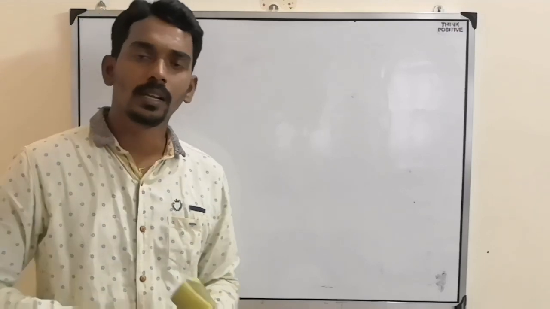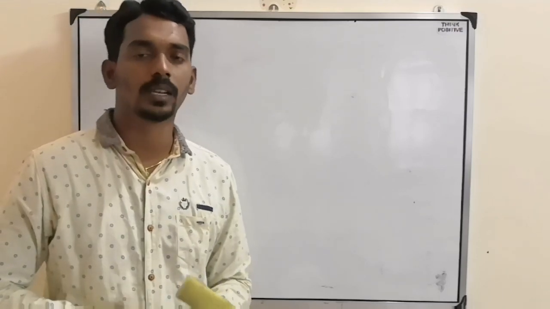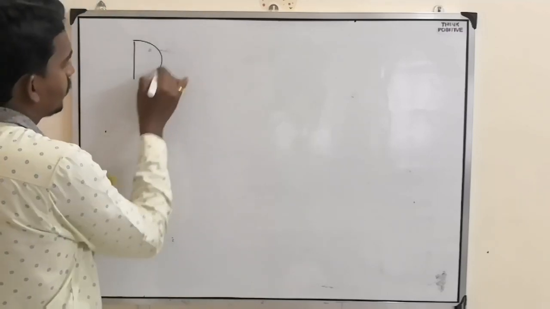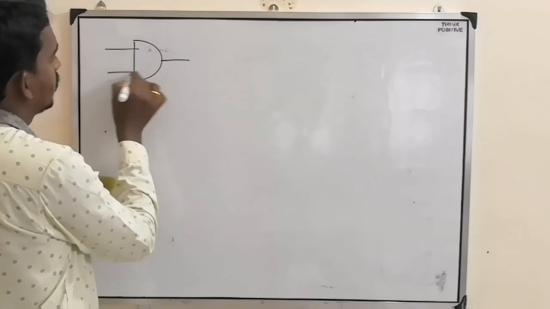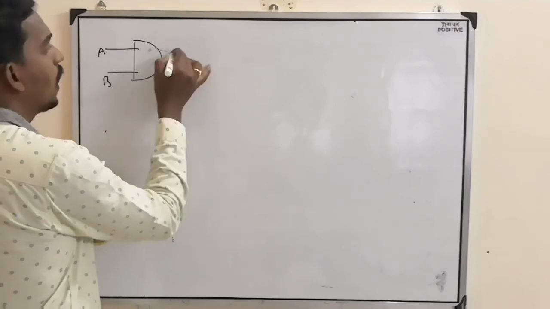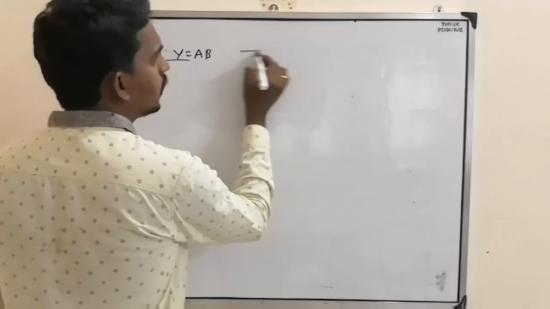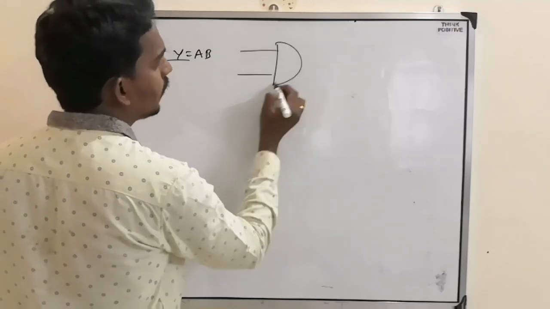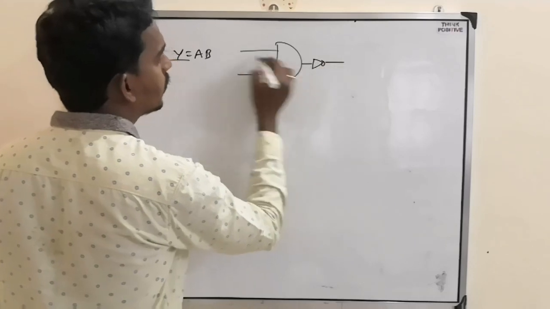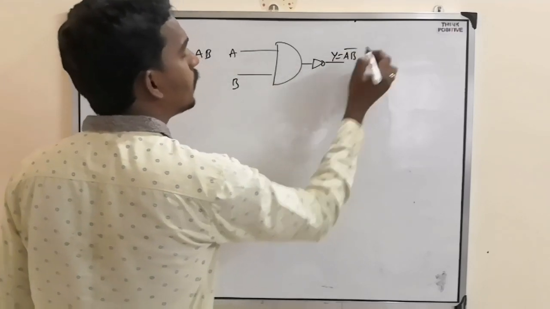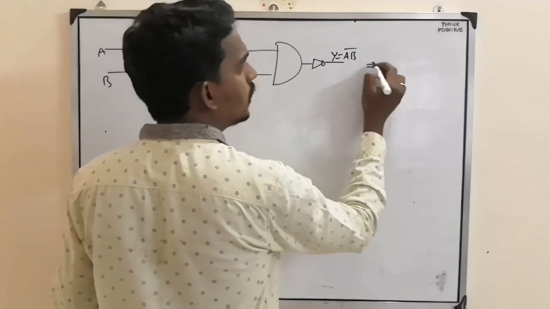Why do we call the NAND gate a universal gate? So, this is an AND gate. Inputs are A, B. Output is A into B. Now, if you join one NOT gate at the end, then the output will become AB bar.